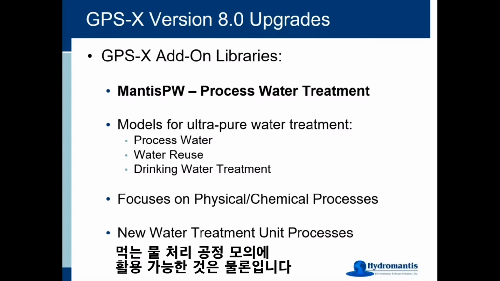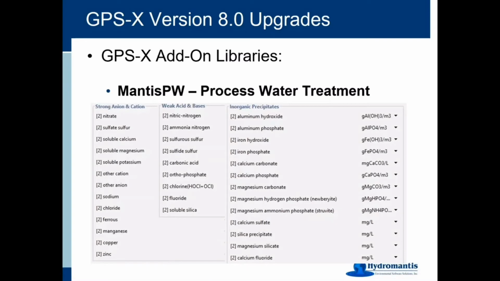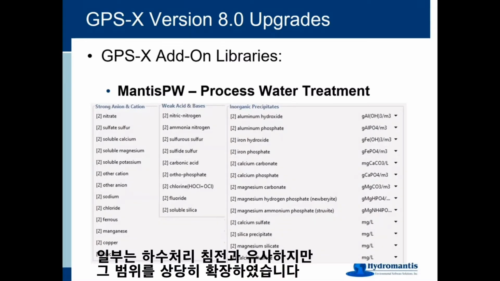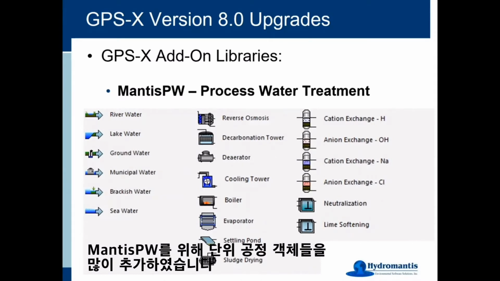As I mentioned, it focuses on physical and chemical treatment, and it has a number of different new unit processes and new state variables that are available in the model. You can see here that the components that we have are a little bit like some of the precipitates that we have in the wastewater version, but we have expanded that by quite a lot. And we have a large number of new unit process objects that are available for this library only.